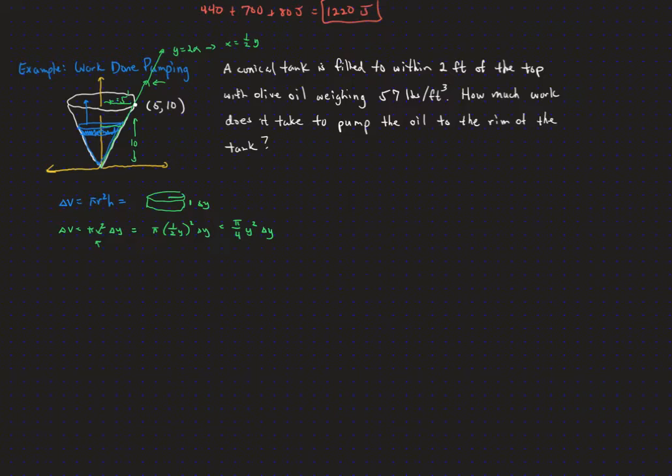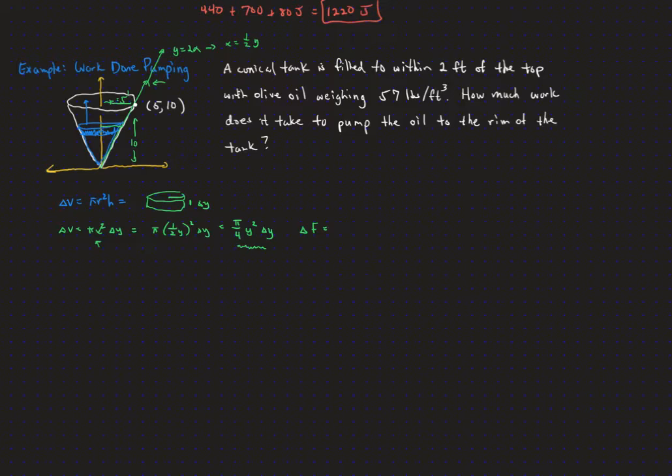Now that volume, we need to know what its weight is. This measurement is going to be in cubic feet, and we want to get its weight. So we're going to call this now the delta force.